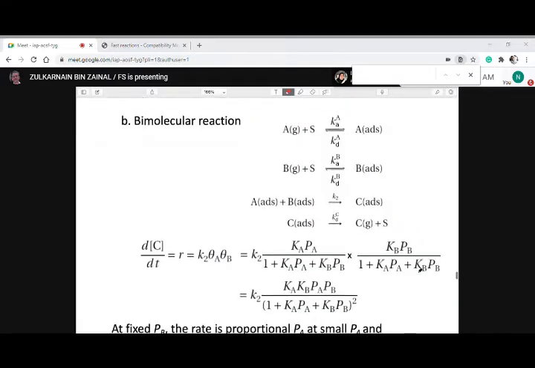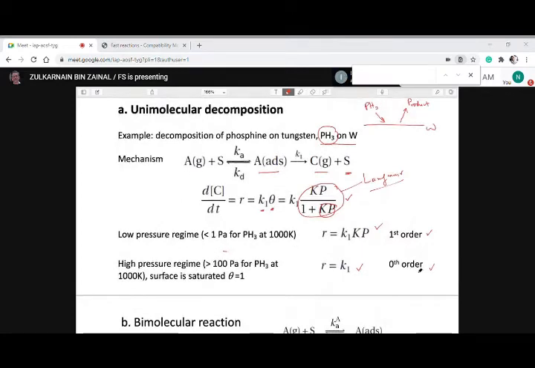As we have seen earlier, if we plot R versus pressure, what we get is that the reaction rate increases and then becomes constant at a certain stage.